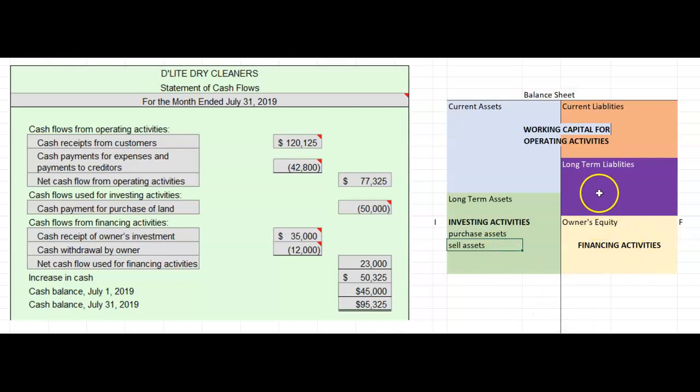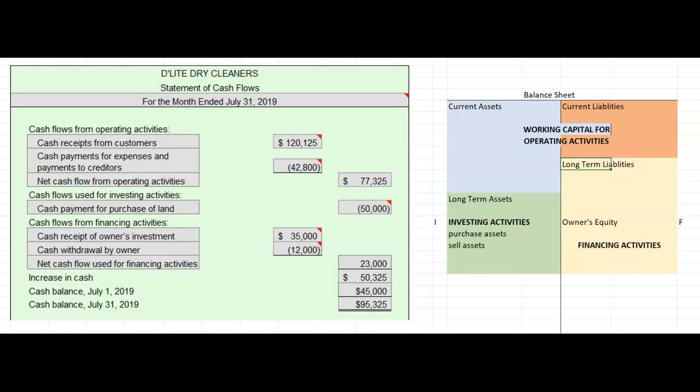And then for long-term liabilities, and I might make this whole thing the same color. We're going to treat these the same way. Long-term liabilities, these are all financing activities. All right, these are all financing changes in any of these accounts. So if it's a long-term liability, we can borrow funds.